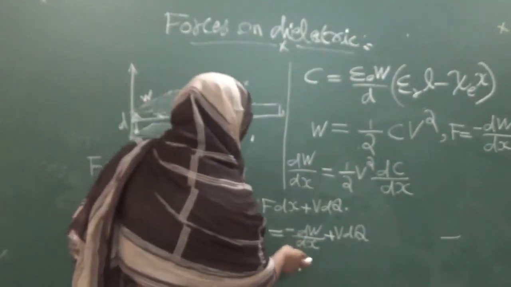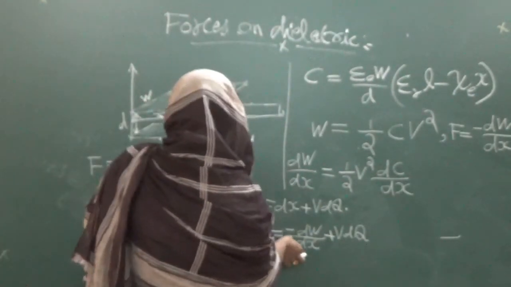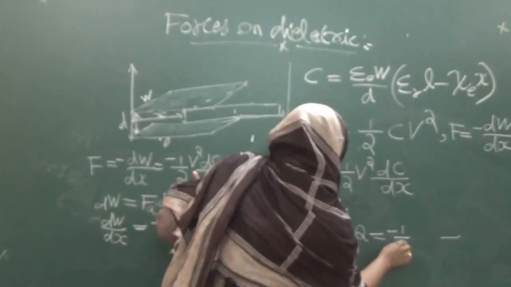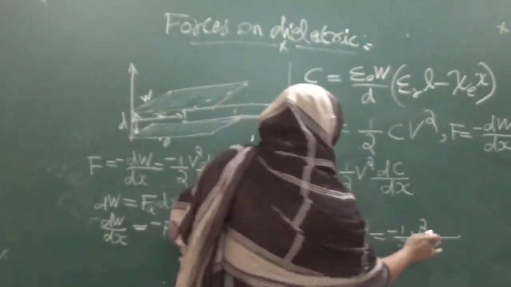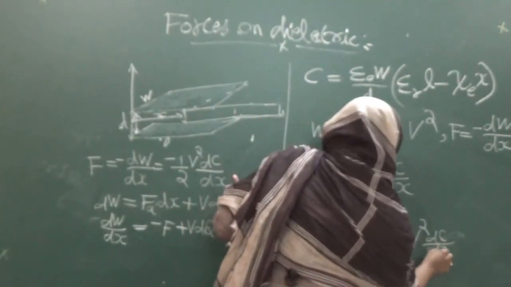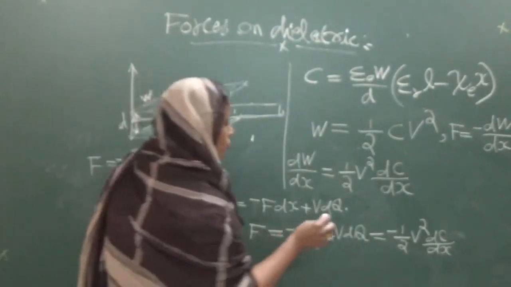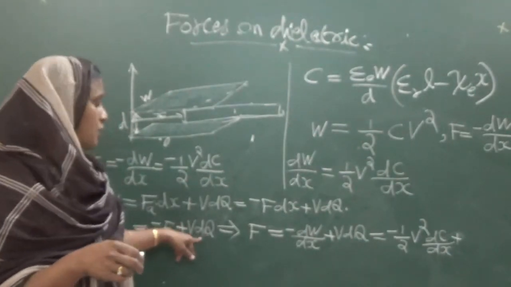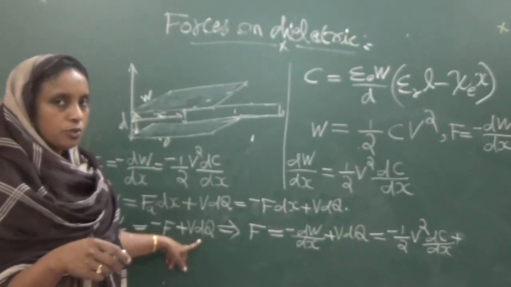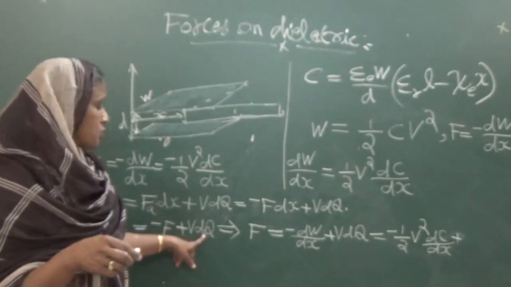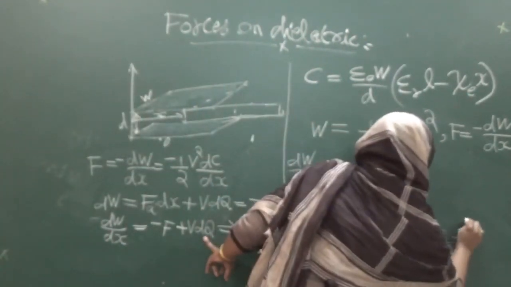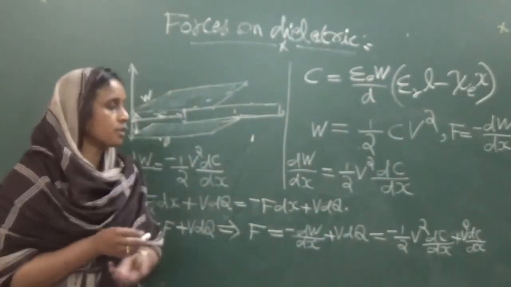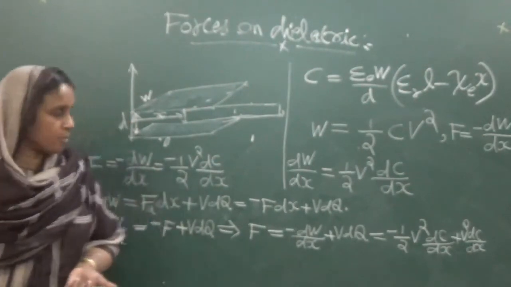And we see that the part minus dW by dx is given by minus half V square dC by dx. Along with this, there is the work done by V dq. Q equal to CV, that means V square dC by dx.